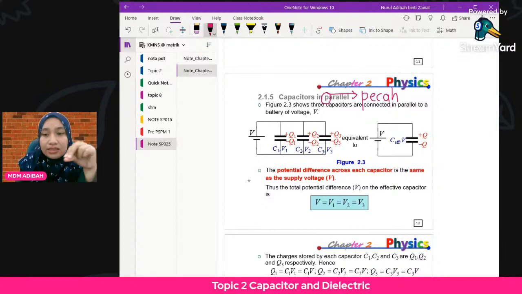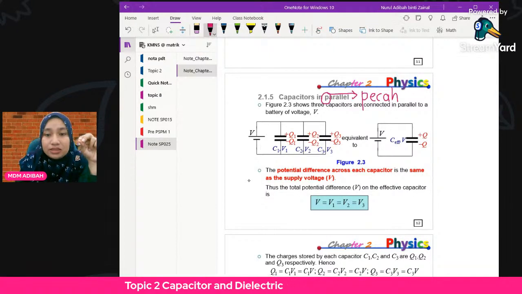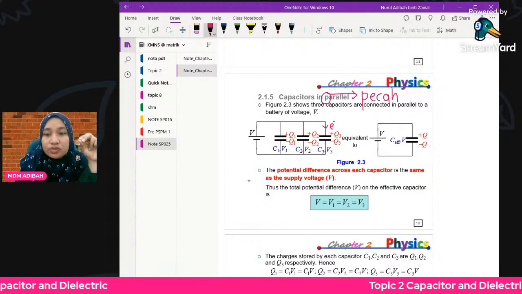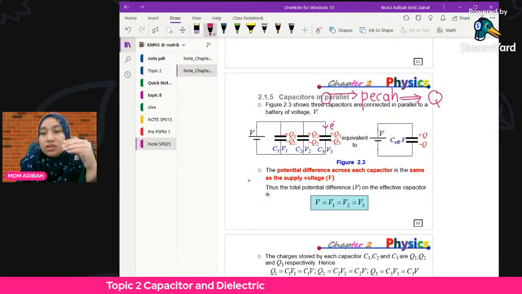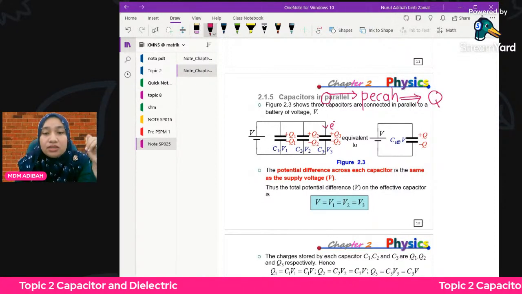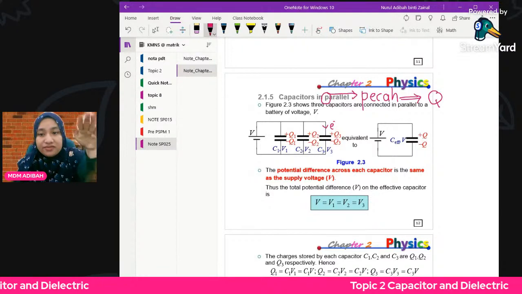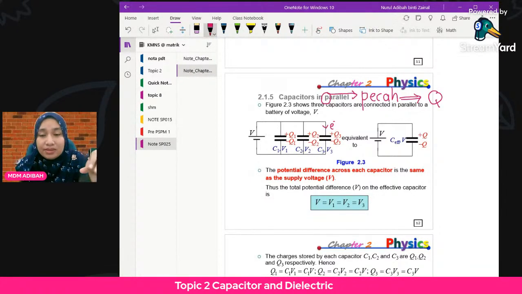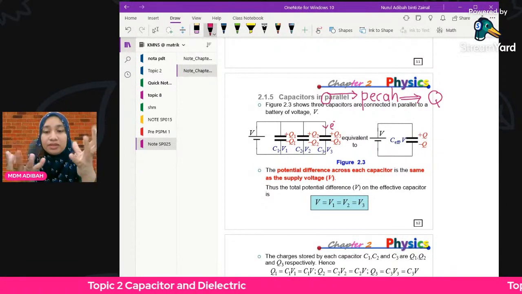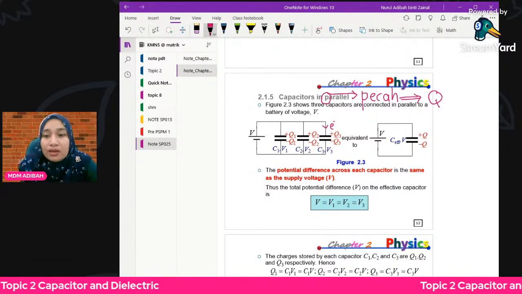Yang mengalir dalam circuit adalah charge, elektron tu mengalir. So apa yang pecah? Di sini yang pecah adalah Q, charge, sebab charge yang boleh mengalir. V tak mengalir, itu difference. Capacitance pula dalam capacitor tu, dia punya ability to store charge.